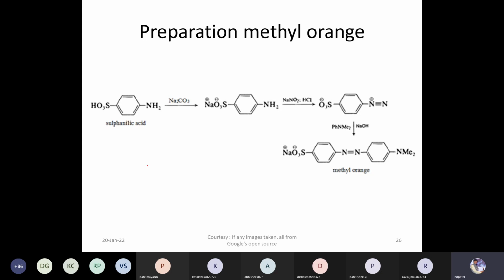Now for this preparation we have to dissolve this compound in a particular reaction mixture. Here we are going to dissolve it in a sodium carbonate solution, NaHCO3. The reason is that this is an amphoteric compound.